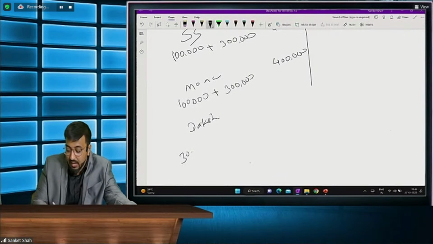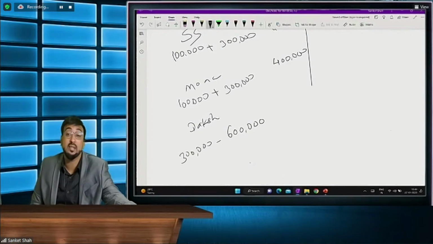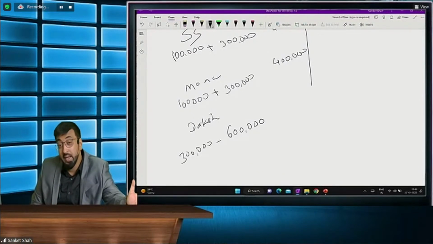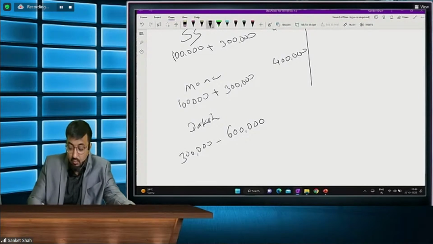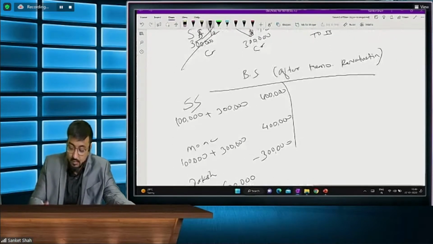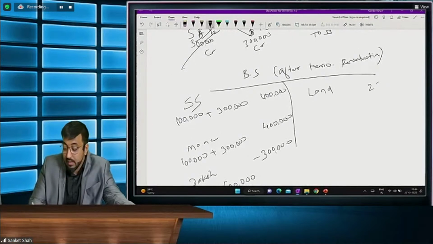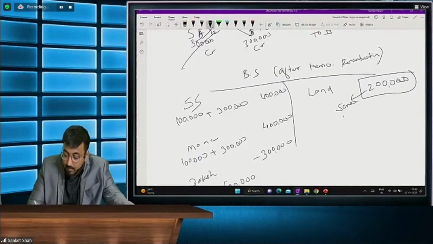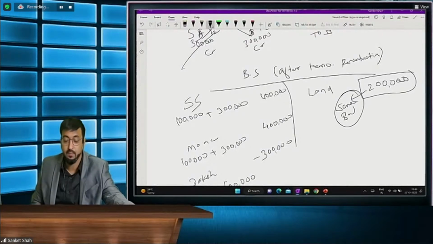Daksh ने कितना लाया था? 3 lakhs, and he has to pay extra 6 lakhs. So 3 lakhs he contributed, but he will bring extra 6 lakhs for revaluation. So minus 3 lakhs. Land now is at same book value, it is not changed.